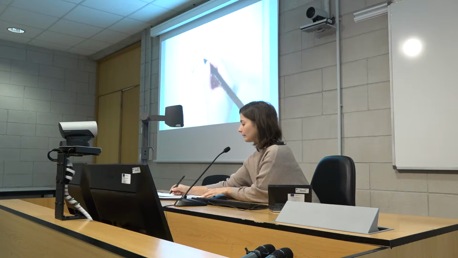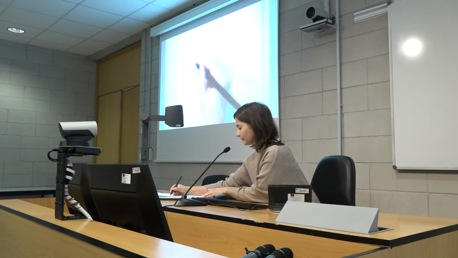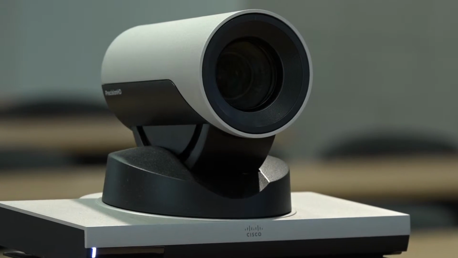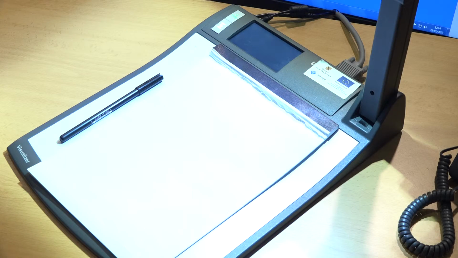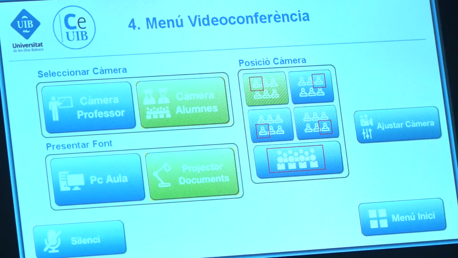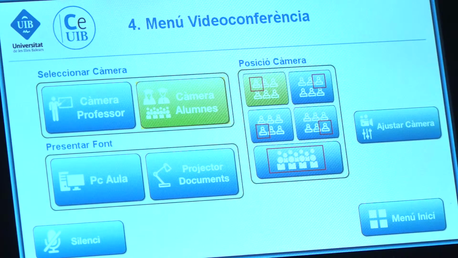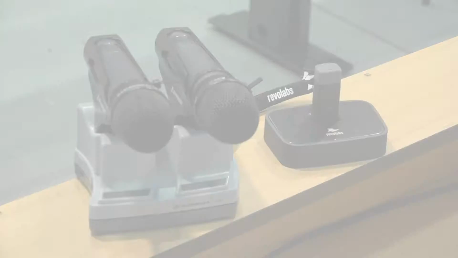When you choose to show images from a secondary source, the rooms in the other centers will see this as the main projection, and the image from the camera showing you will appear in a box in the upper right-hand corner. When you no longer want to project from the secondary input, simply tap the button for that input. You will see that the background will no longer be green, meaning that the input has been disconnected.